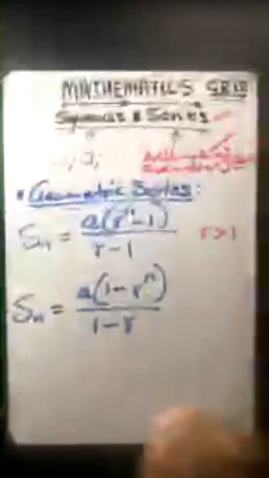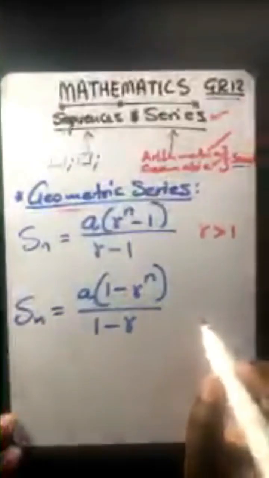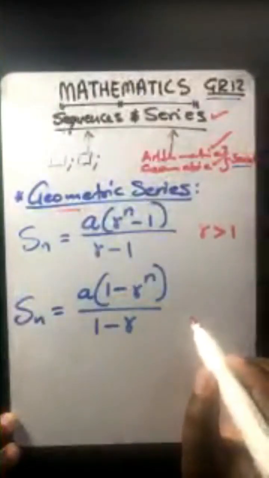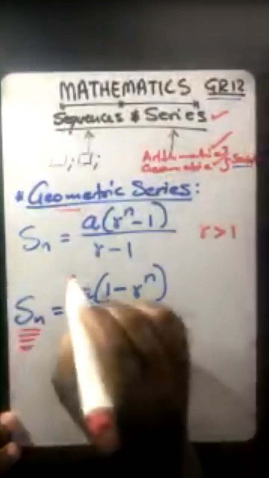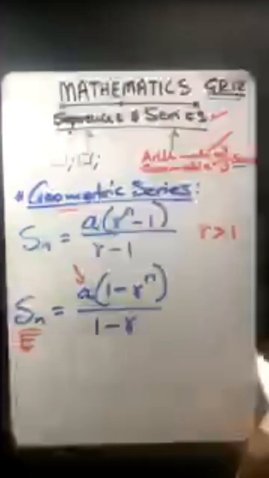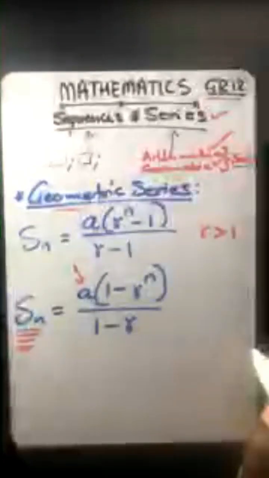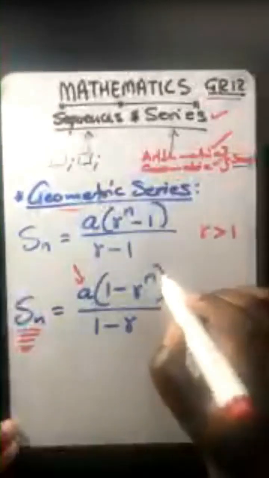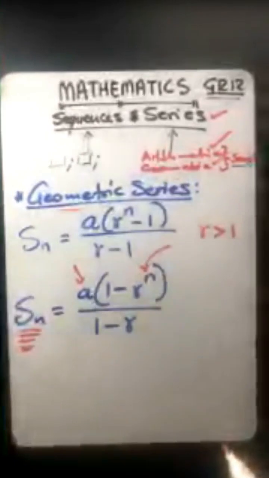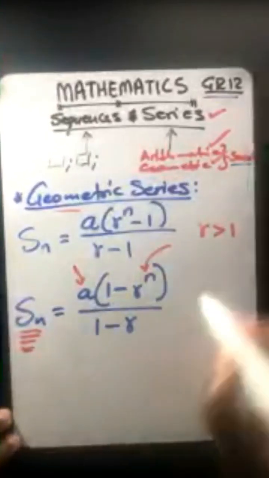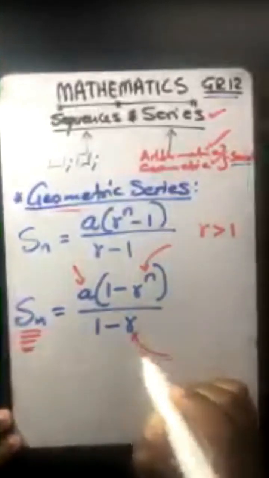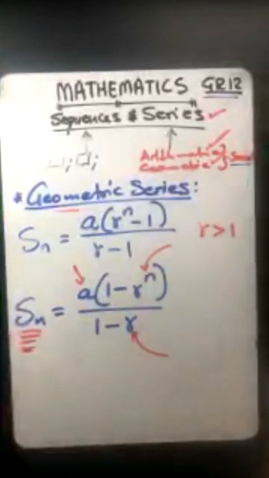Now, quickly, let's discuss what is what. Obviously, this is the sum of the terms. This is the first term. Obviously, n is the number of terms. Let's try to pretend that we are intelligent.